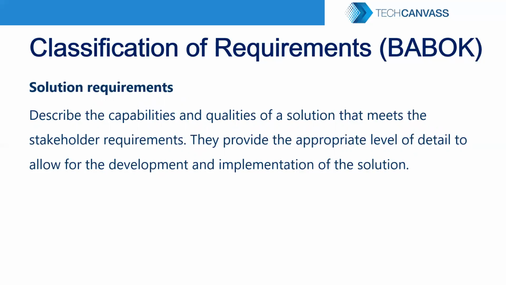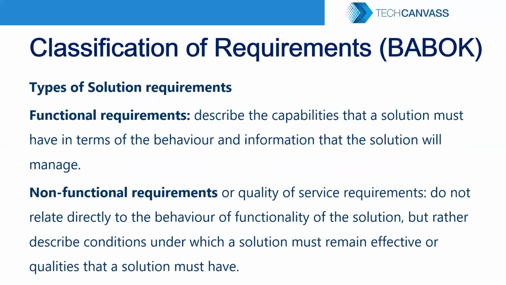This is a classification which is a little more objectively defined. So the solution requirements will have these 2 types of requirements, functional requirements and non-functional requirements, which we are going to see in detail.